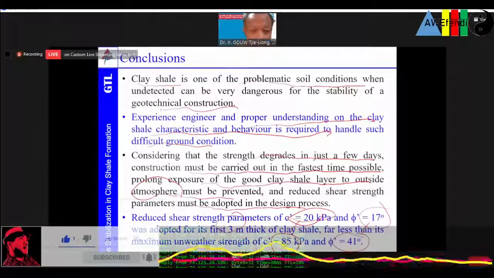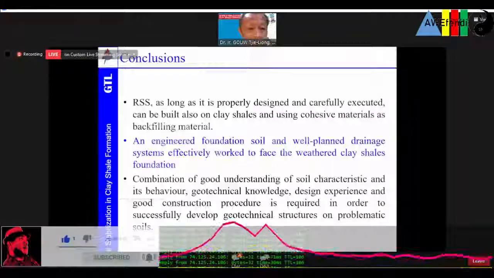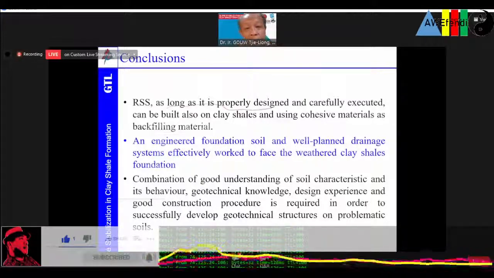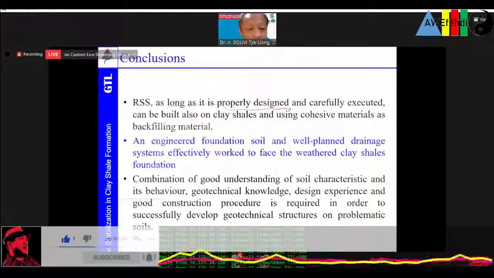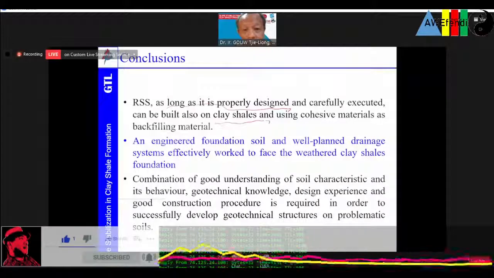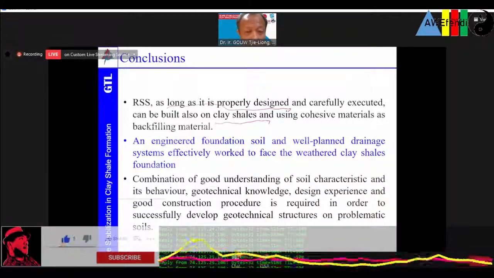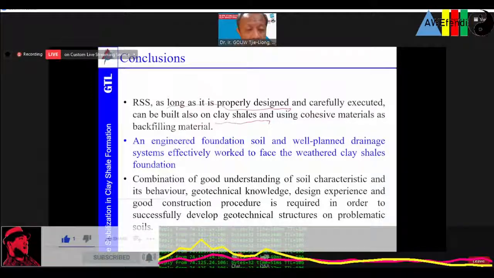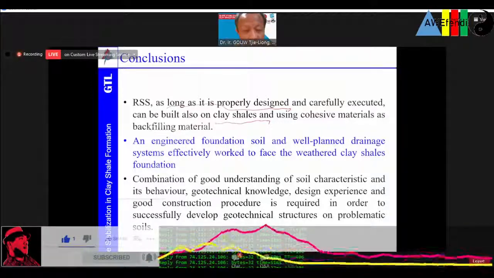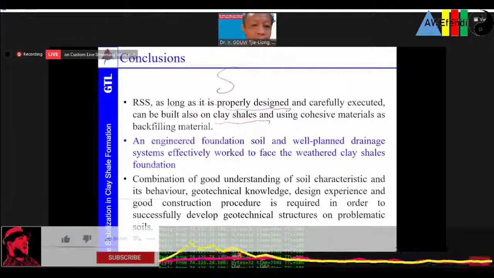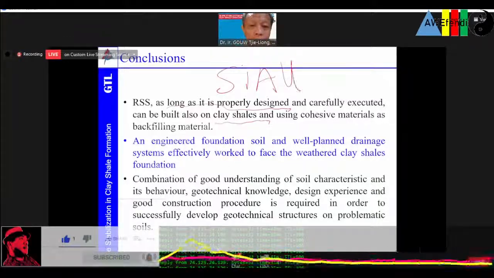This is what we did on that project. Reinforced soil slopes, as long as they are properly designed and carefully executed, can be built on clay shale using cohesive material as backfill. By the way, I have done a similar design in North Sulawesi, on Siau Island, one of the islands near the Philippines, also for an airport.